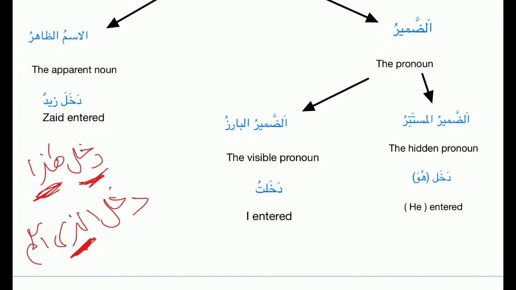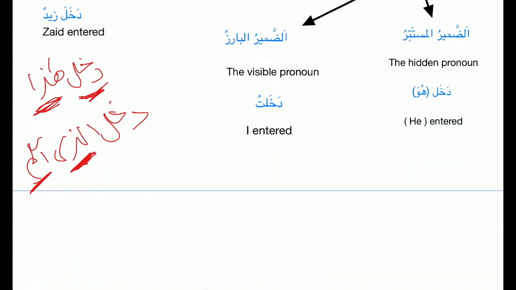Because mawsul means the one which received something. So what did it receive? This is called sila. So this is called ismi mawsul. So every ism is ism zahir when it is not what? Zamir.